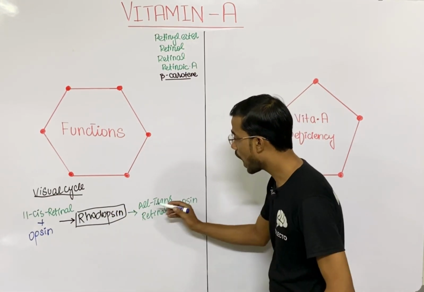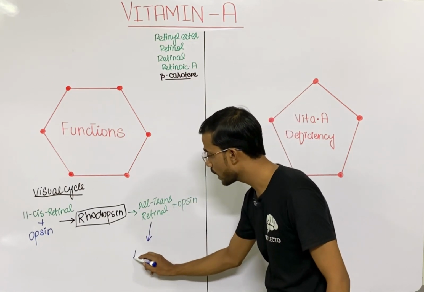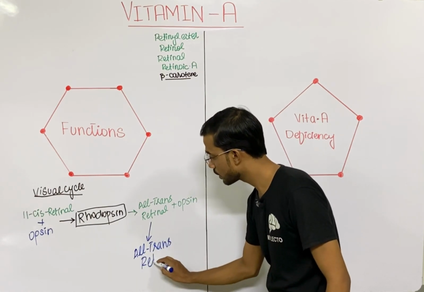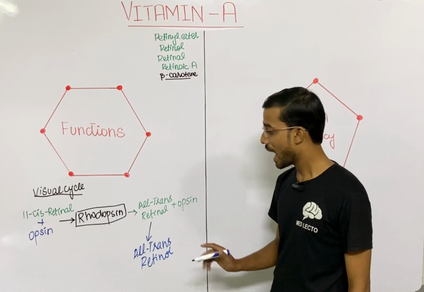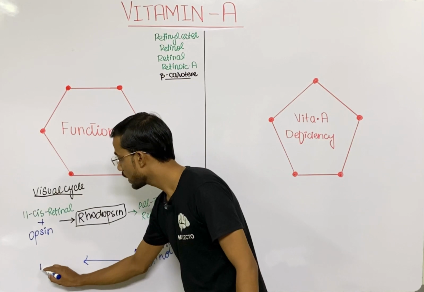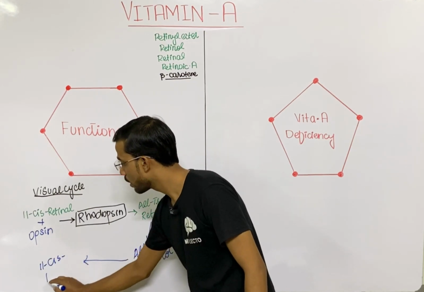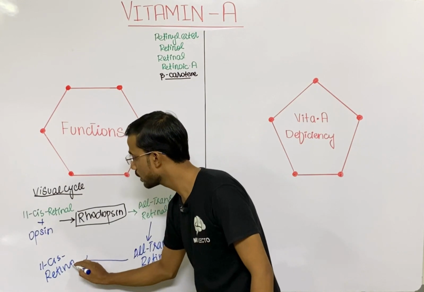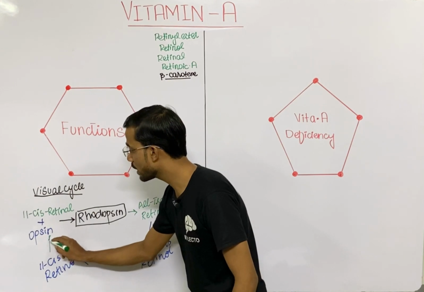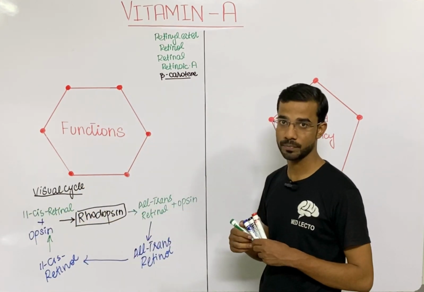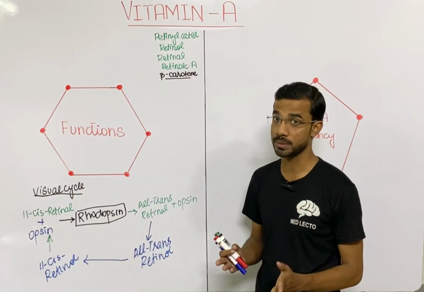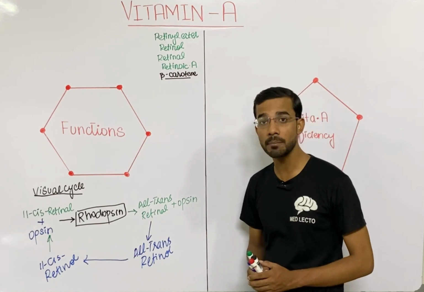All-trans retinal converts into all-trans retinol, and from all-trans retinol it will convert into 11-cis retinol, then into 11-cis retinal, and 11-cis retinal combines with opsin, and ultimately you will see the formation of rhodopsin. That is the important component in dim light.